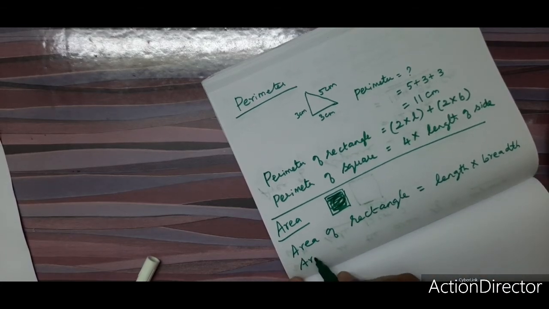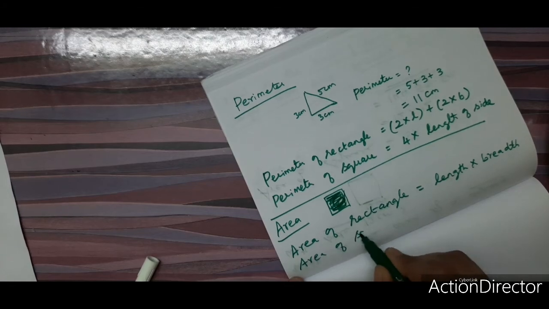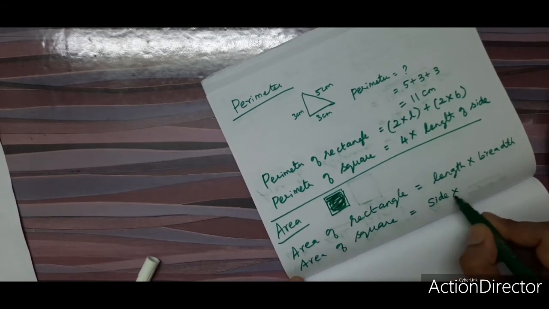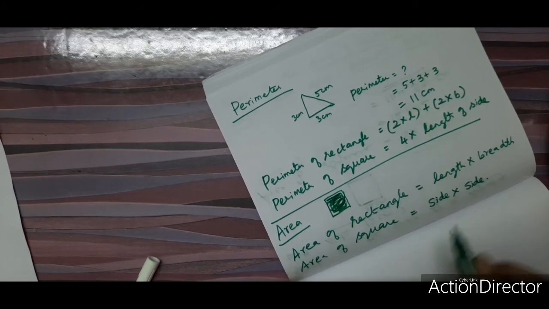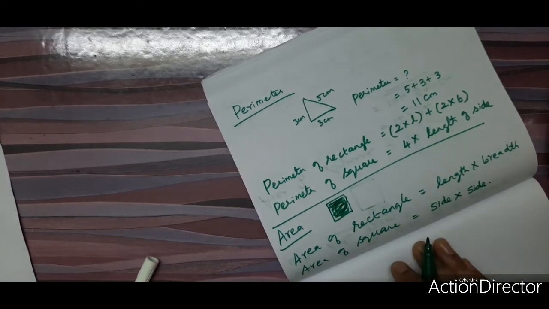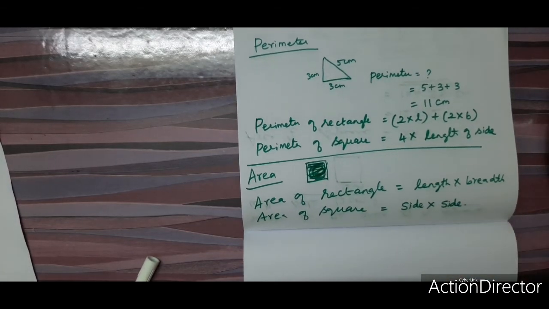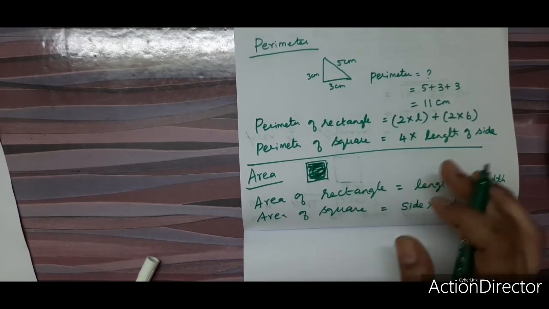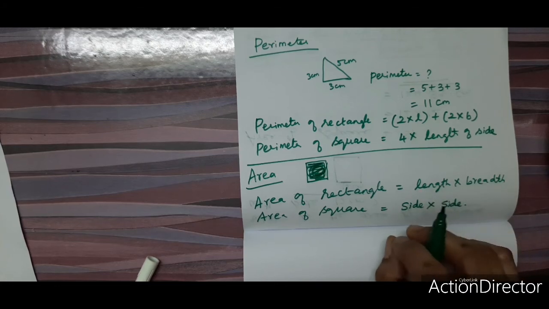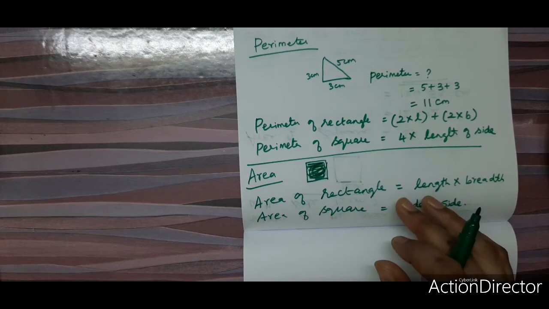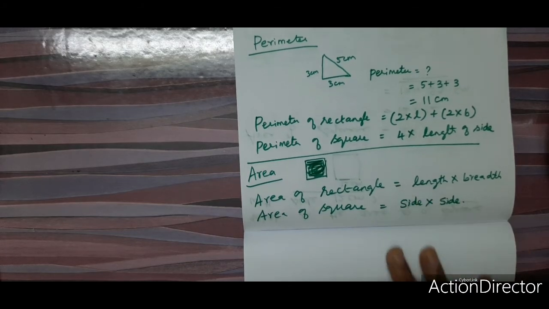And area of a square is side into side. So these are the things we studied in this chapter, Geometry Unit 1. Very simple chapter. If you know all these 4 formulas, all the sums are very easy to do. So everybody please study these formulas.